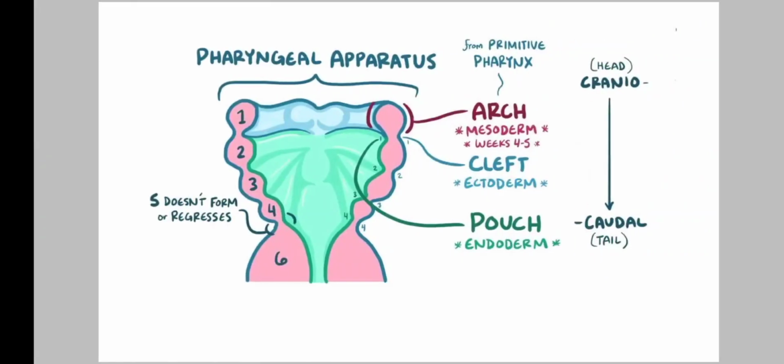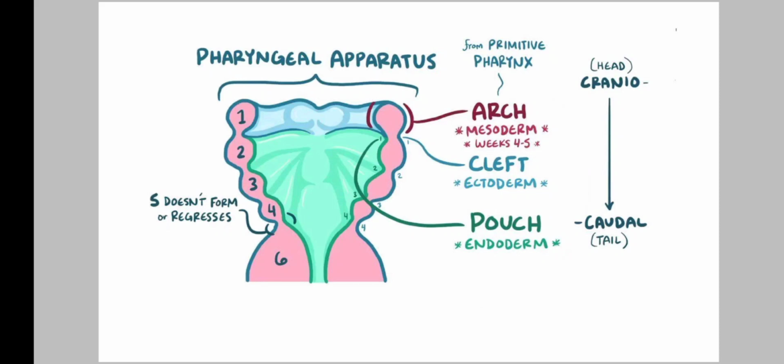Let's move ahead. As you can see in this picture, there will be a question: the pharyngeal arch development. It develops at week 4-5 of gestation, and the origin is from the mesoderm. You can see towards the outside, these are the pharyngeal clefts, they develop from the ectoderm, and towards the inside, there are the pharyngeal pouches, they develop from the endoderm.